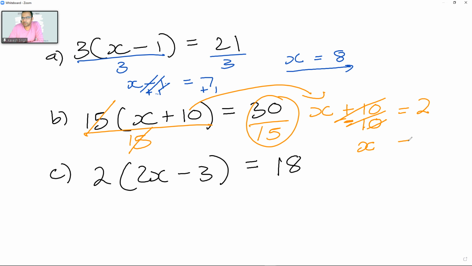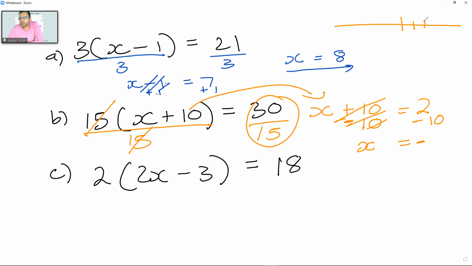Leaving you with x. But because it's an equation, we're going to do the same thing on the right-hand side. What's 2 minus 10 on the right-hand side? Negative 12. No. So think about integers on a number line.